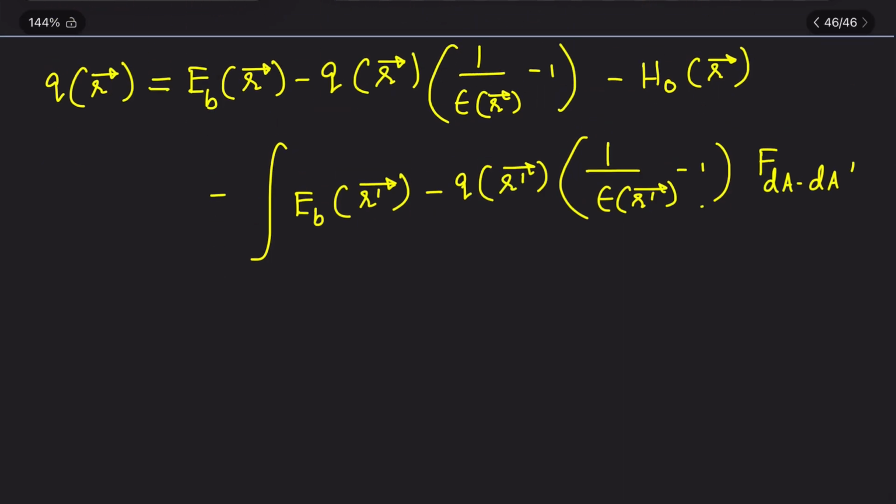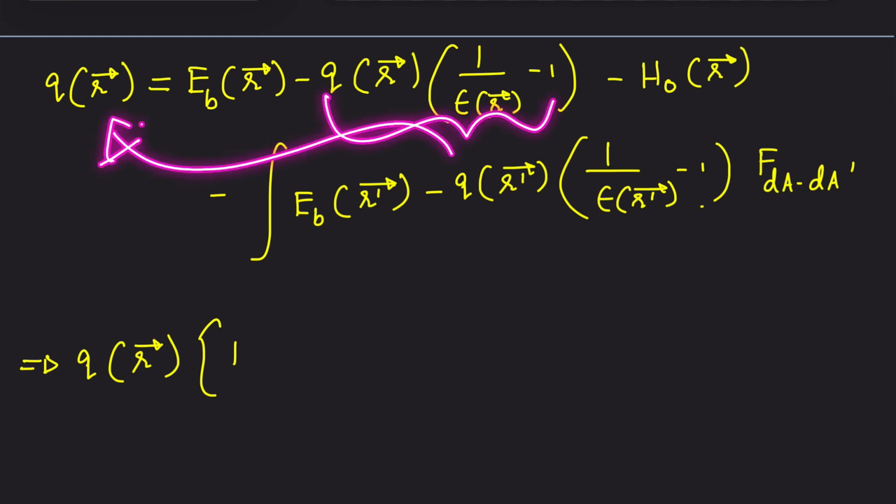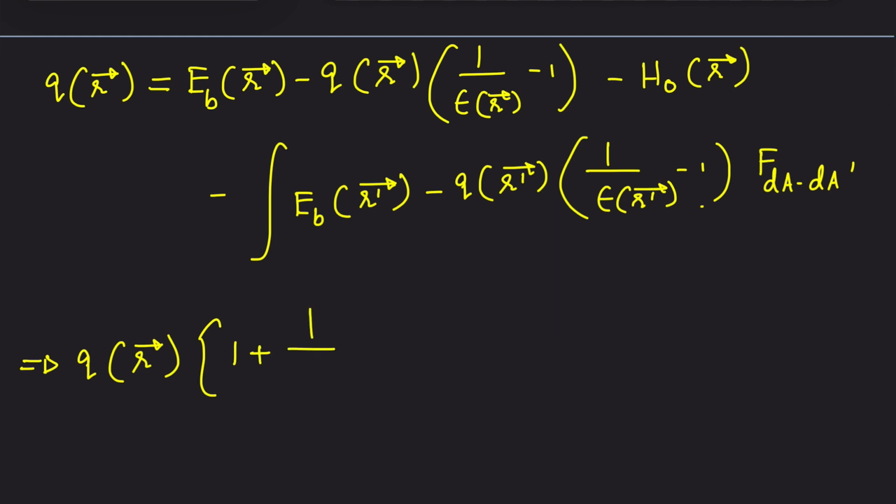So effectively this is our final equation, but here I will write this q on one side. If I take q r common, then I will have 1, and I will take this fellow to this side. So let us do it very carefully. So 1 plus 1 by epsilon at r minus 1, right.